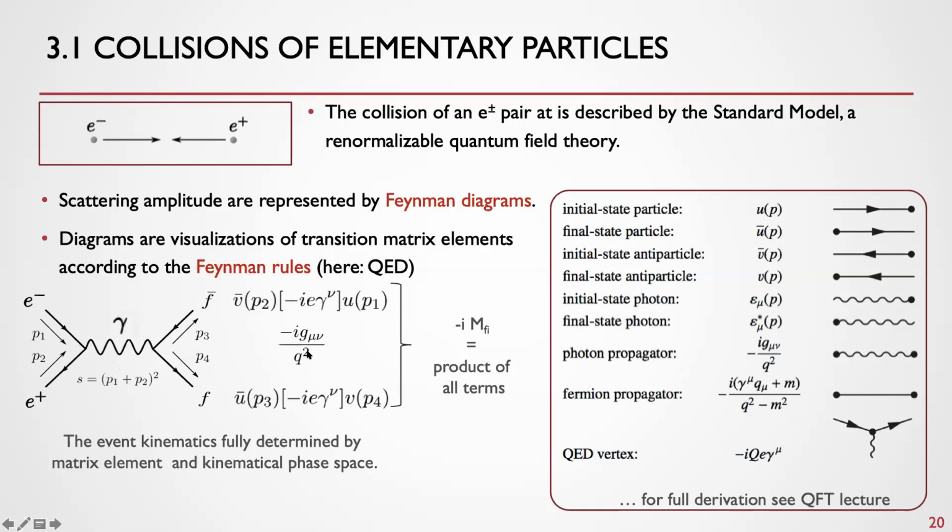The rules further state that you have to draw all the diagrams that are possible and sum them up. And this then gives you a matrix element. The matrix element is then a complicated expression as a function of the ingoing momenta, the charges that appear here, gamma matrices, and metric tensors.